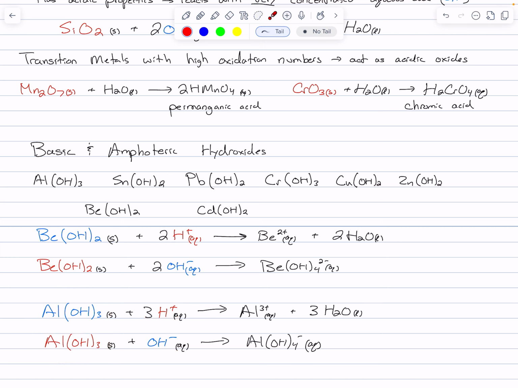On the periodic table, most of the nonmetal oxides are acidic. There's a few that are amphoteric, and a lot of the oxides of group 1 and group 2 are basic. Hopefully that works out for you guys. If you have questions, let me know, and we'll see you in the next one. Take care, guys.